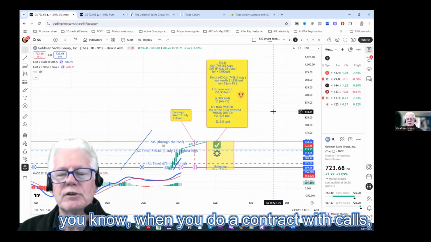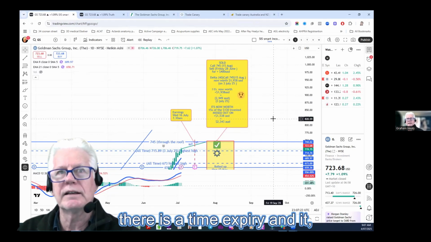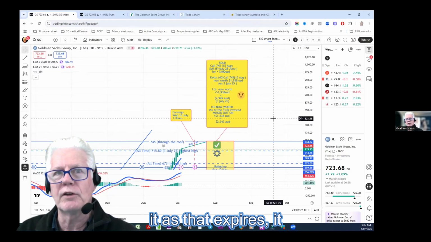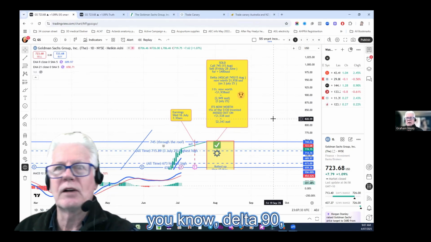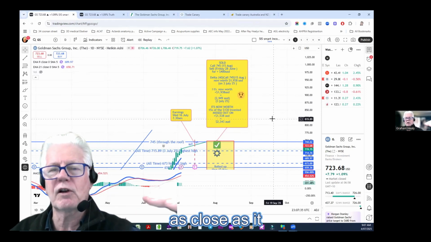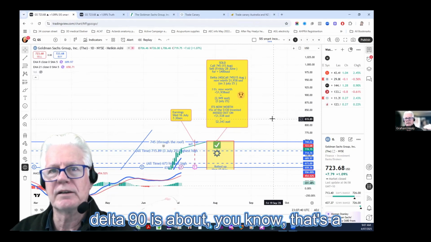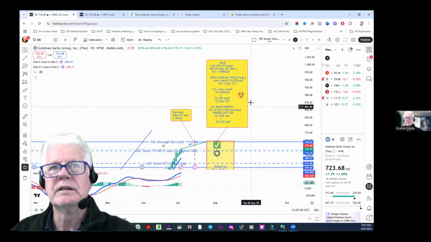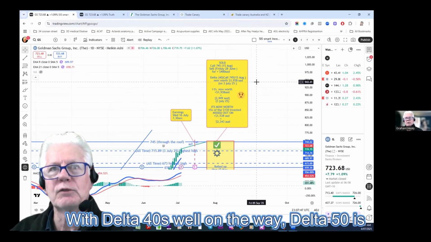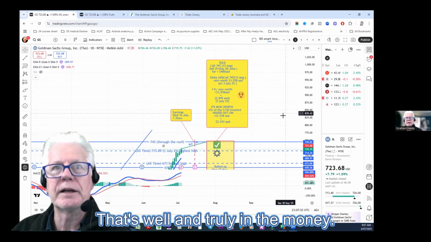So when you do a contract with calls, there is a time expiry, and as that expires, it has a delta time factoring beside it. So delta 90, as close as it gets to 100, is the maximum price, usually getting up towards 1 or 100, where delta 40 is well on the way. Delta 50 is usually 50, 60, 70. That's well and truly in the money.